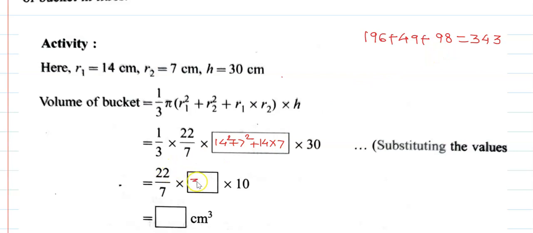Therefore here 343 is divided by 7. If we divide 343 by 7, we get 49: 7 fours are 28, and 7 nines are 63.